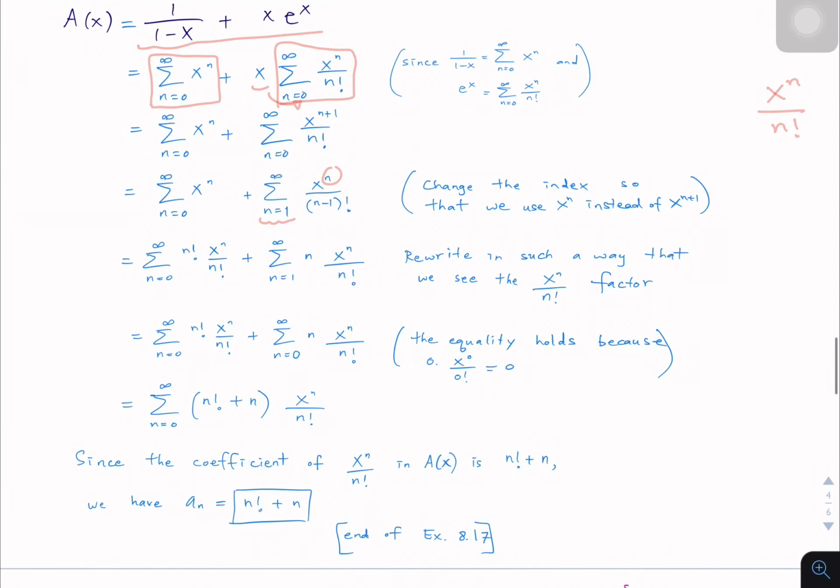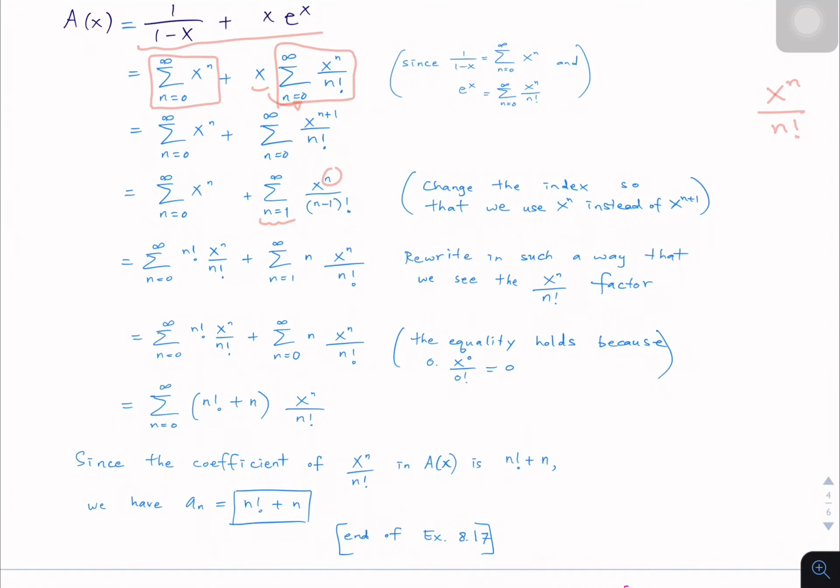And also I want both parts to match. Alright, so in this step, I want to rewrite what I have in such a way that I have x to the n over n factorial as a factor. So in the first part, I just multiply by n factorial over n factorial. And then for the second part, I multiply by n over n.